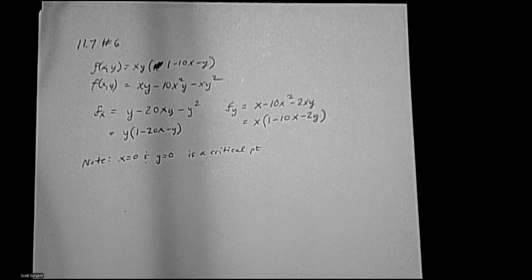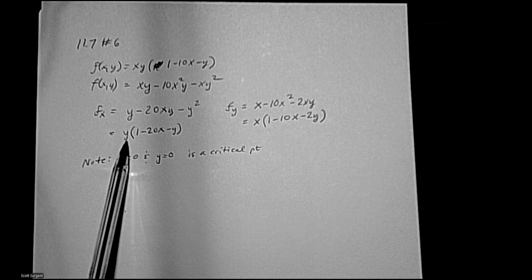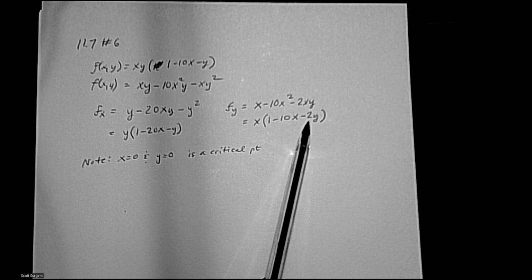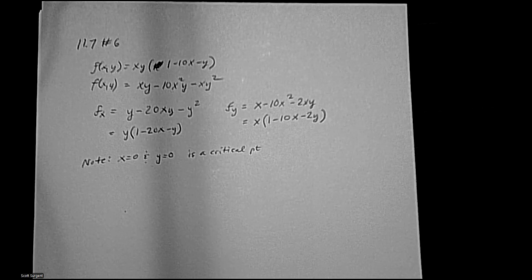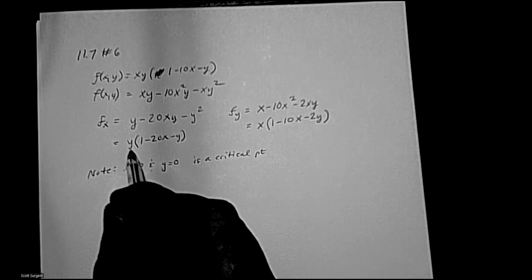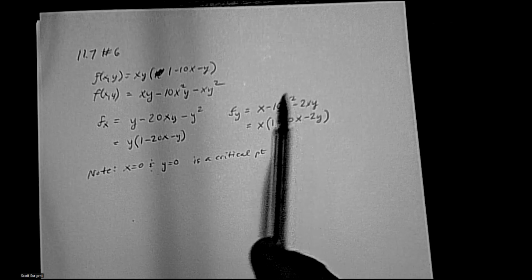Now here's the thing. Let's look at this y equals zero right here, and set it into this equation over here. So we need to force this term here to be zero.